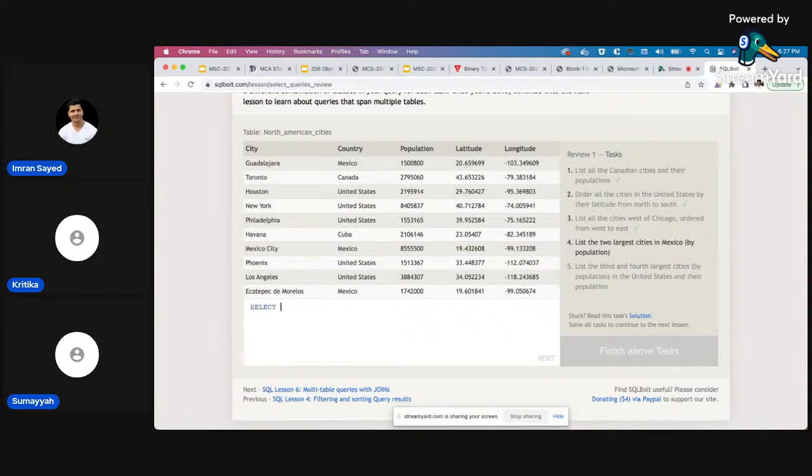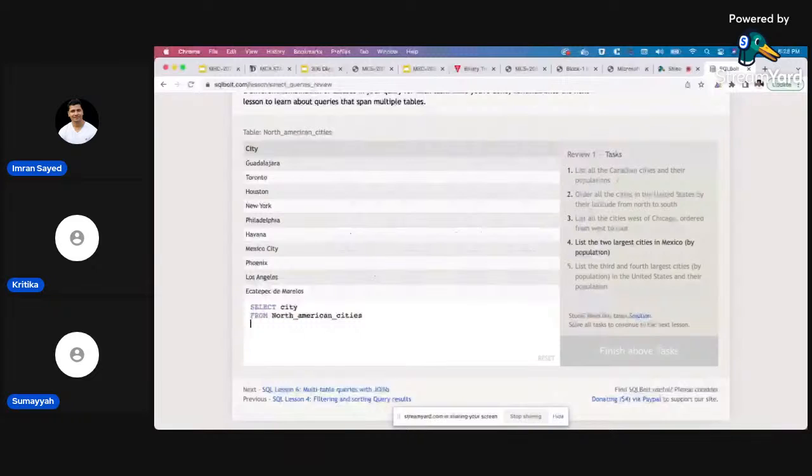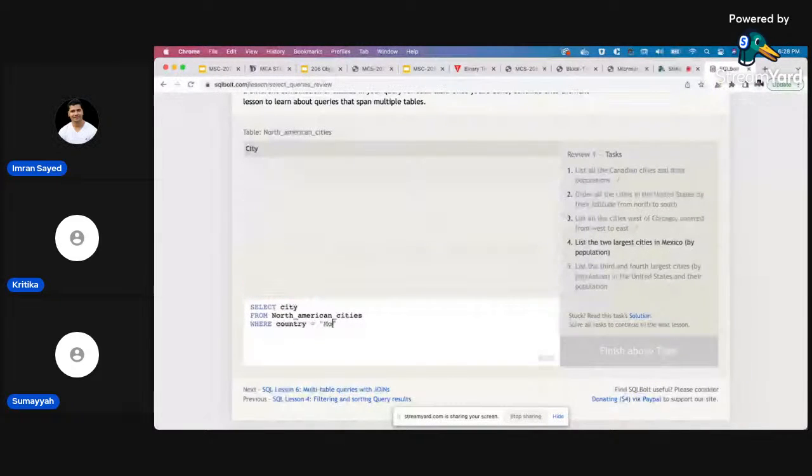So select. This is already done, so that's fine. Let's do largest cities in Mexico by population. Select city from North American city where country equals Mexico.